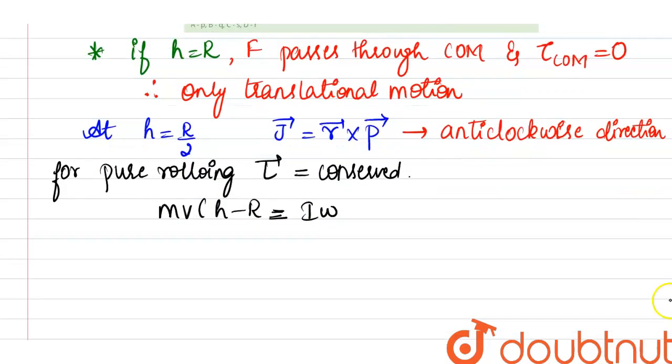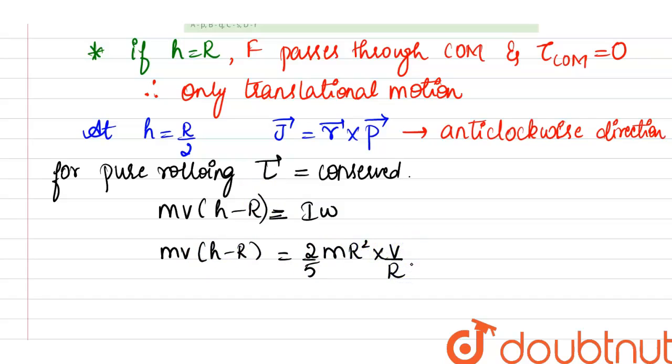This is a uniform solid sphere, so mv into h minus r is equal to 2 by 5 m r square into v by r, where omega is written as v by r. mv goes away, one r goes away. So I am left with h minus r is equal to 2 by 5 r. Bring r to this side, so h is equal to 7 by 5 r.